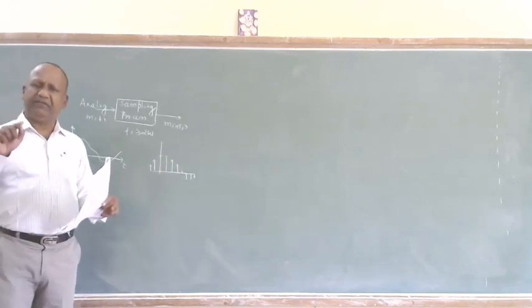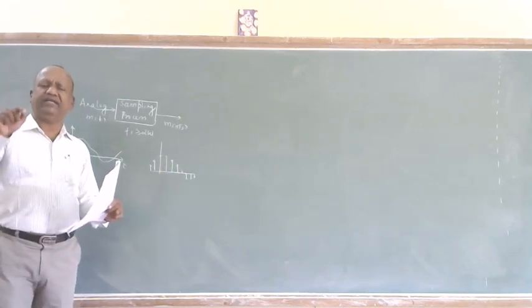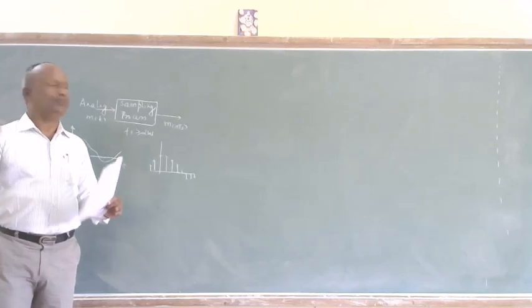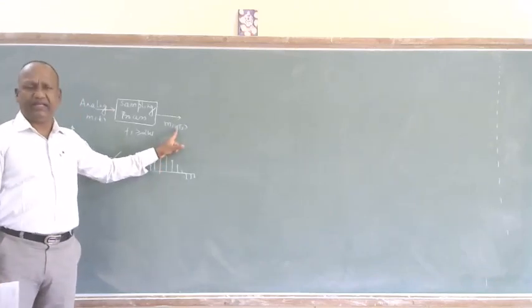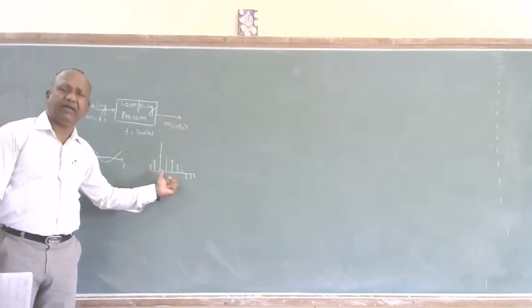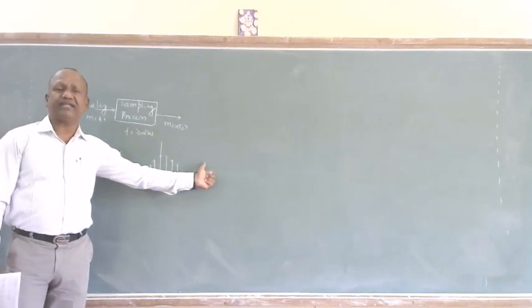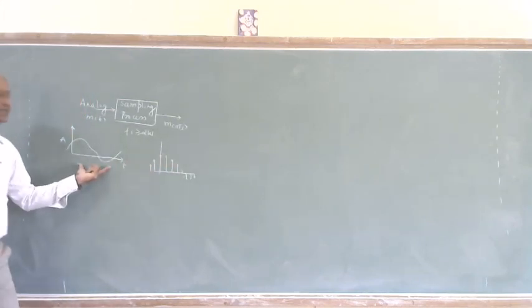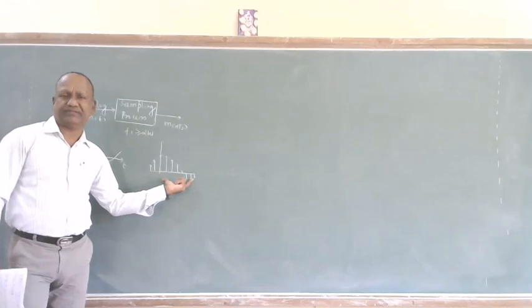Because I am defining it exactly at 1Ts, 2Ts, 3Ts, nTs, where n is an integer: m(t) at 1Ts, m(t) at 2Ts. So I am making time discontinuous. Here it is continuous, here it is discontinuous.